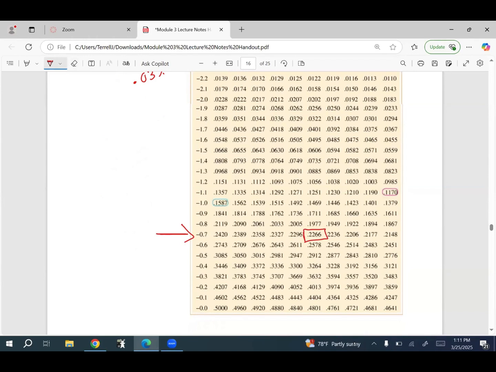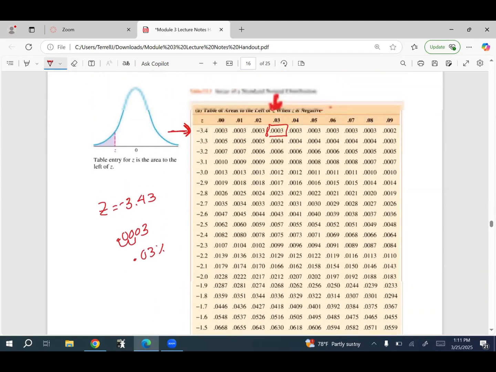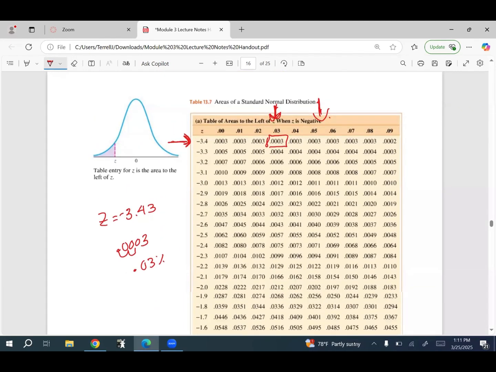I also want to make a note of this. These areas in the body of your table are areas or probabilities. They are to the left of z. So take a look at this image right here. I have a bell-shaped curve.